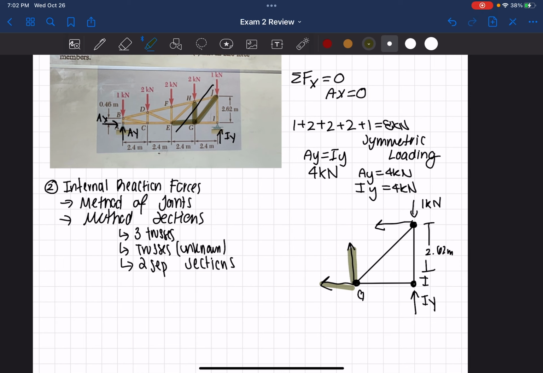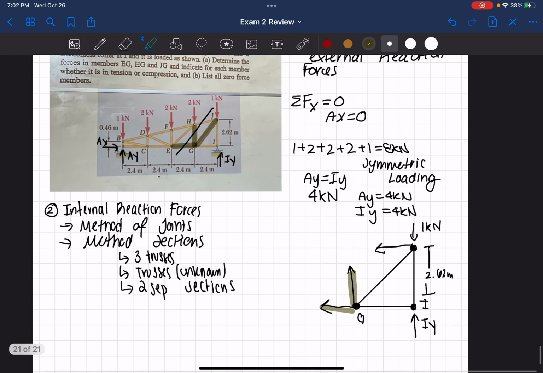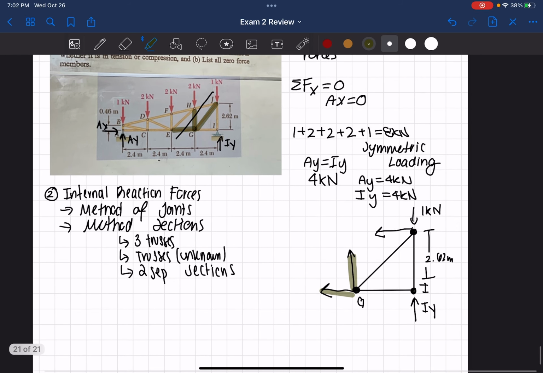Okay. So when you're solving for your internal reaction forces, you always want to start either with a moment about a point, basically your 3 equations: moment, sum of forces in x direction, and sum of forces in y direction.